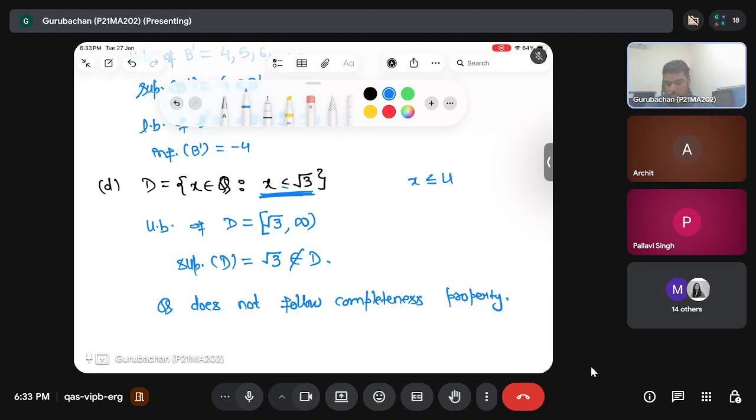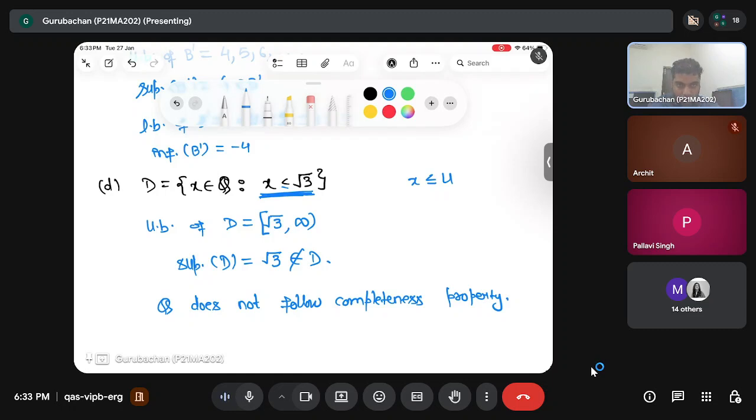Are you sure? I don't think so. Sir, I recall this. Every non-empty subset of R that has an upper bound must have a least upper bound in that set itself.